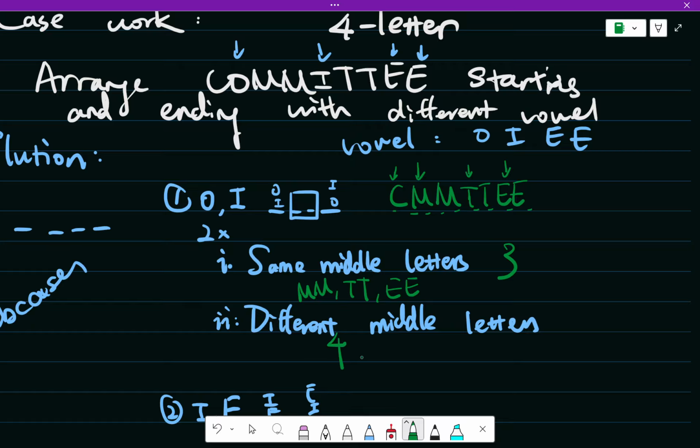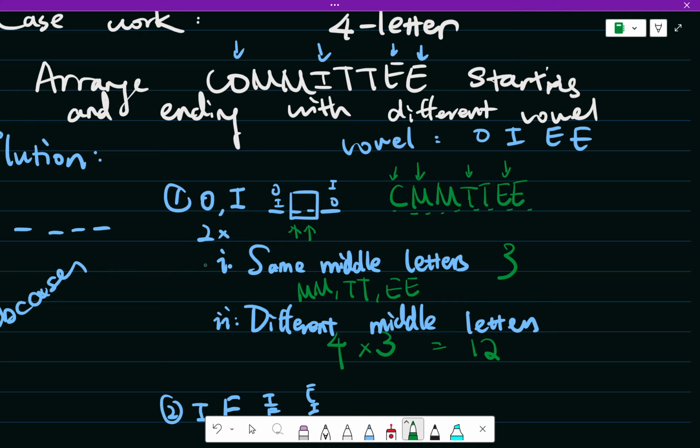So I will have 4 possible letter choices for the first position, and then 3 choices for the next one. So in total, I will have 12 possible arrangements of the middle letters.